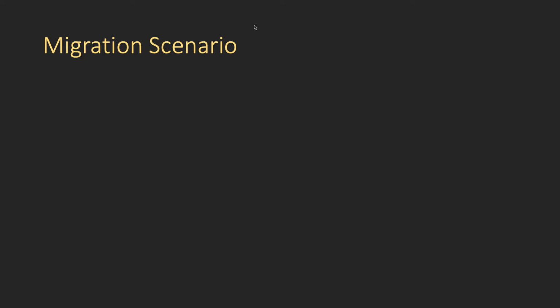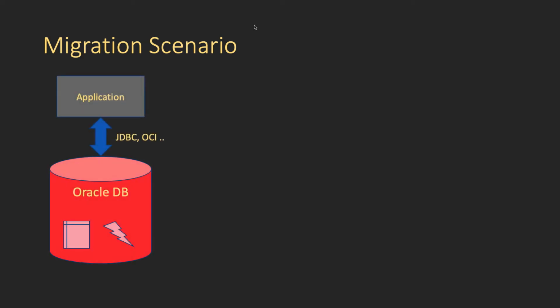Let's take a look at our migration scenario. Usually we have an Oracle database that communicates via JDBC or OCI with an application. And when you think about the database, first you may think about relational tables, as well as stored procedures and triggers, illustrated by that lightning symbol here on the screen.